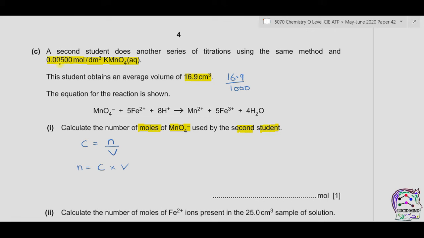Concentration is given as 0.005 mol/dm³. So we are going to use this value. So 0.005 times 16.9 divided by 1000. The number of moles comes equal to 0.0000845 moles. So these are the moles of MnO4⁻ used by second student.